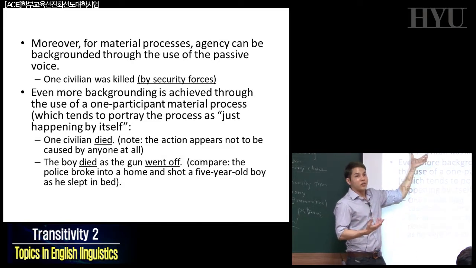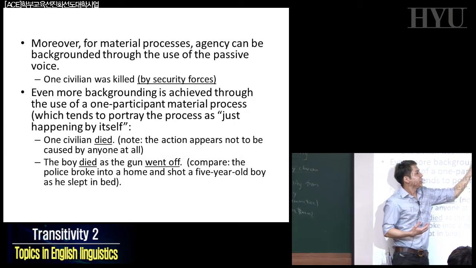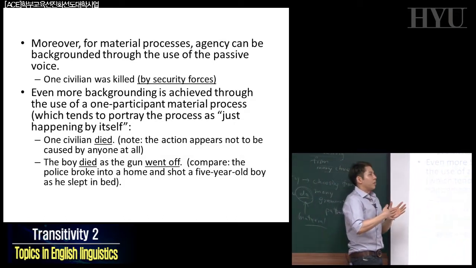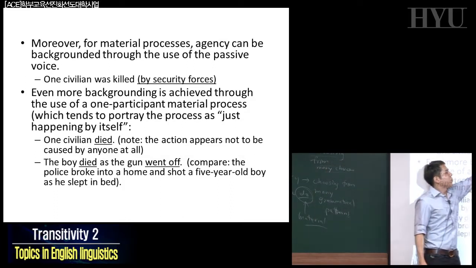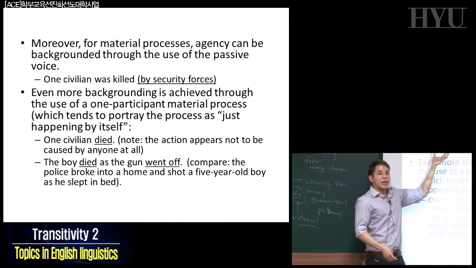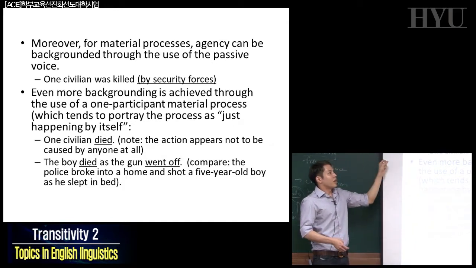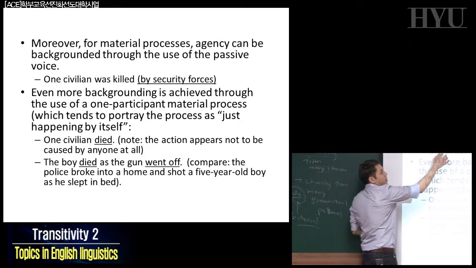The civilian is foregrounded, being placed in the front. But the by prepositional phrase here can be omitted, right? And it's optional. So in this case, without mentioning it, you can say that the writer is backgrounding the agency who killed the civilian.